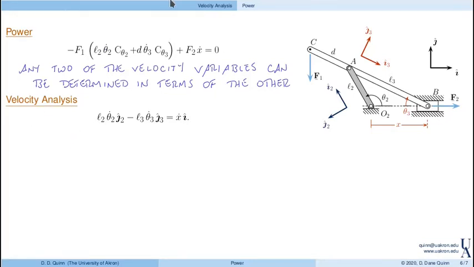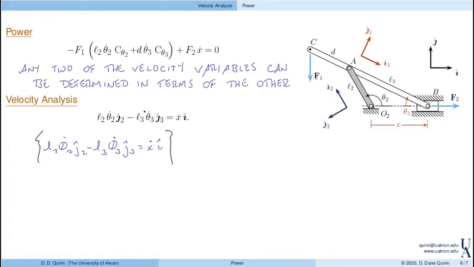So here, let's go back. This is our velocity equation. So L2 theta 2 dot in the J2 direction minus L3 theta 3 dot in the J3 direction equals x dot in the I direction. So let's solve for theta 2 dot, which means we want to eliminate theta 3 dot.